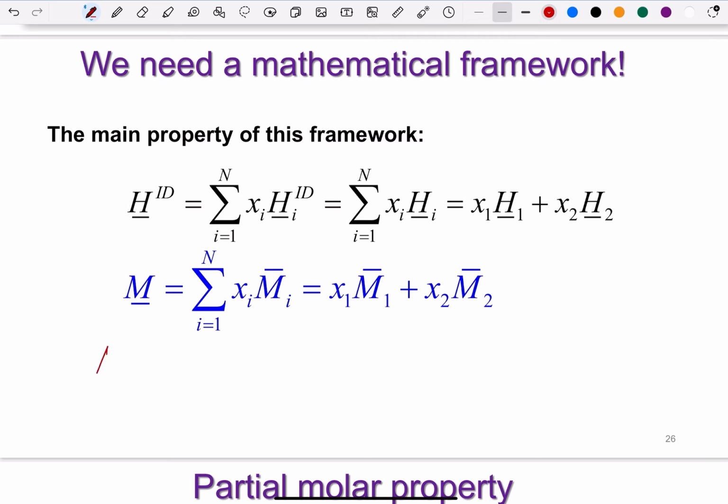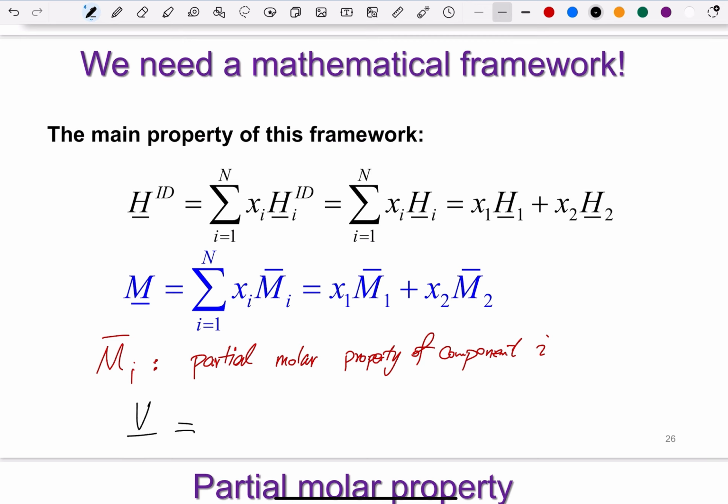So these mi's are called partial molar property. In this case, it's component i. One example you can think about: let's say I have a volume of mixture, right?